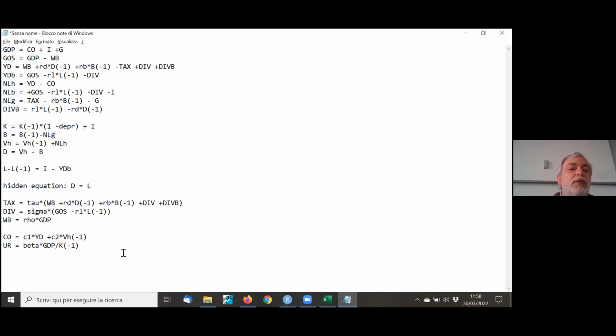Sorry, no, the desired utilization rate should be written in this way, let's call it UR desired, and then the investment would be modeled as a function, gamma, of the gap between the desired utilization rate and the actual utilization rate. I'm not sure that this is ever going to work.